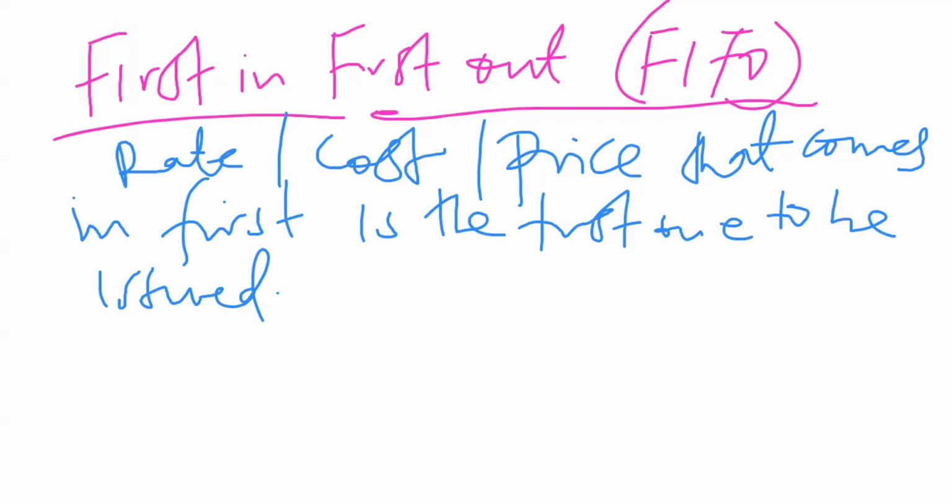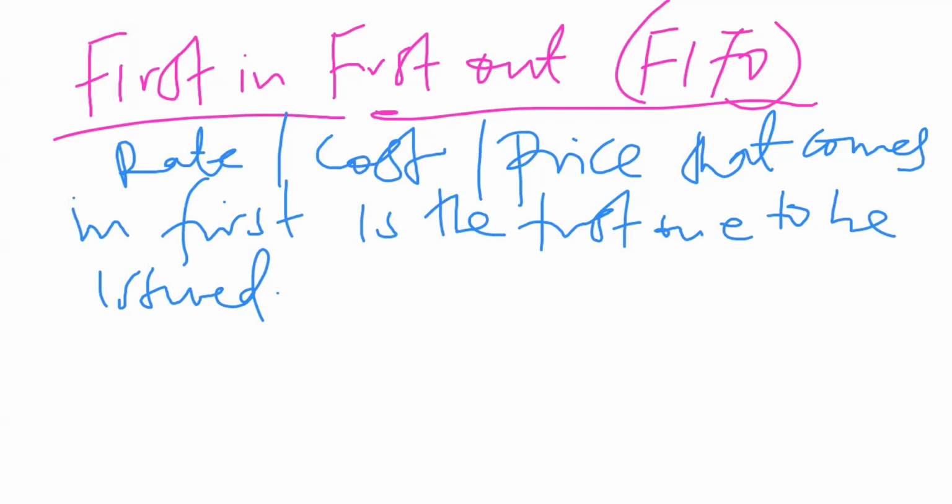That's why we are doing costing. So you may come with the argument that the quantity which has come in first is the one we are supposed to issue. That is as per your understanding, but for the principle of FIFO, it is supposed to be on the rate.